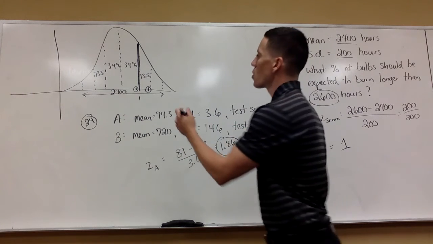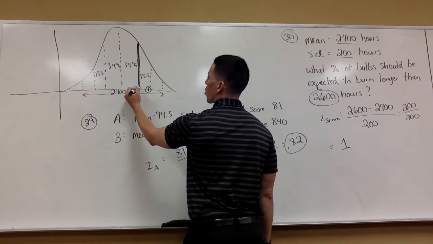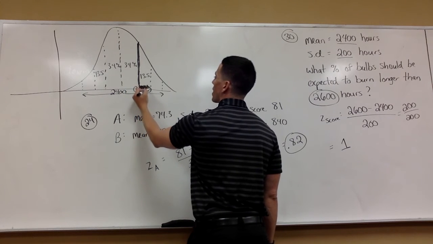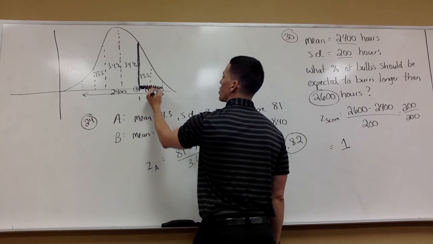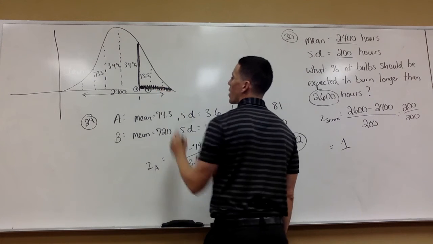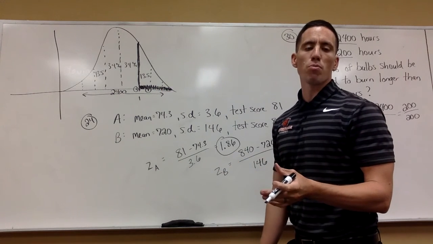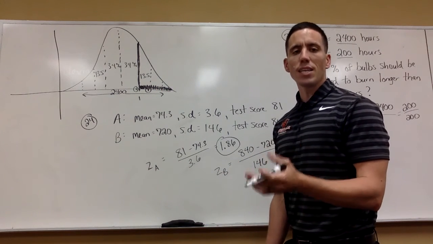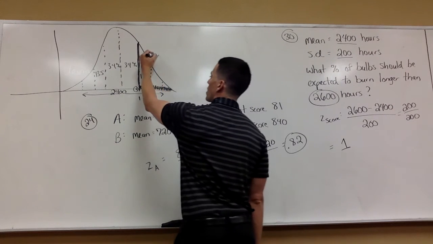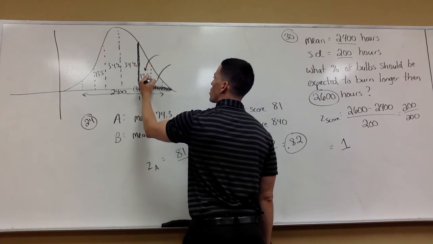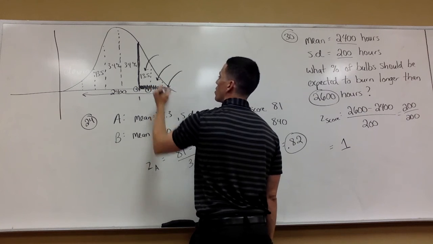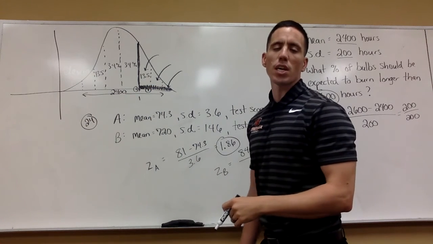The bulbs that burn longer than 2,600 hours are all of those that lie in all of this region. Now, we're asked for a percent of bulbs, so it really is as easy as adding up the percentages in this standard deviation, this one, and this one, and you can see that those are gradually getting smaller.